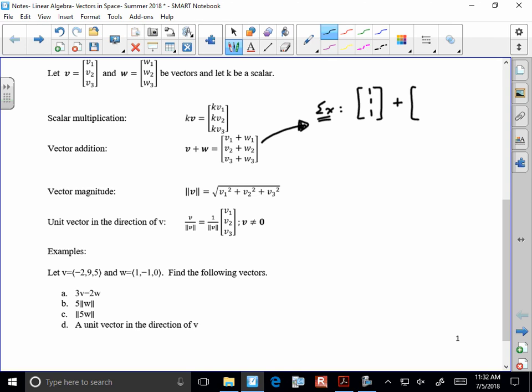It might overlap too much. Let me get some negatives in there, like 1, negative 2, 2. All right, the addition of that is very simple. You just add them together.